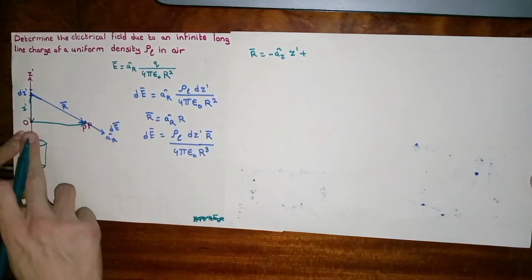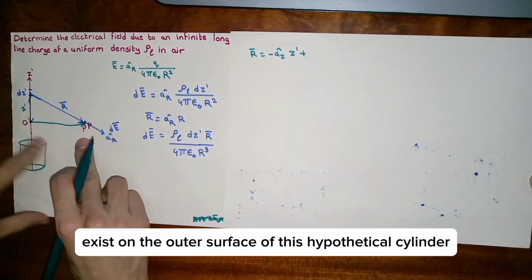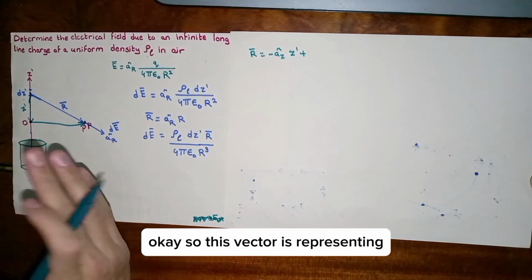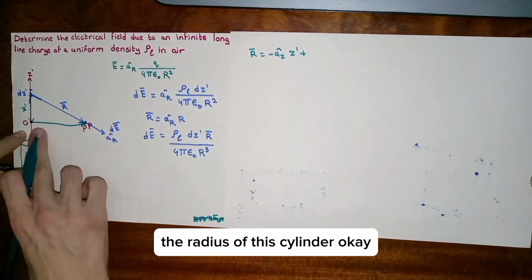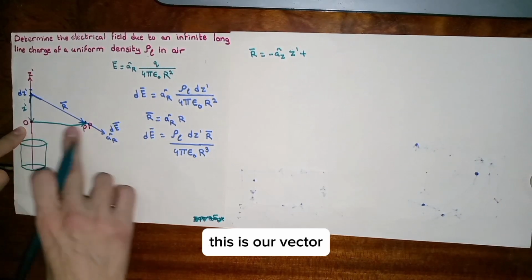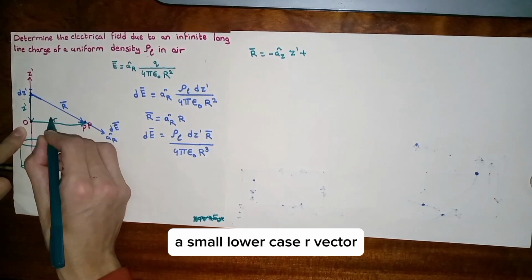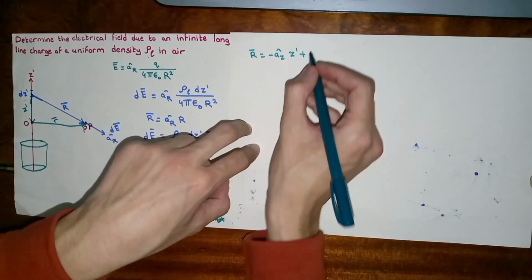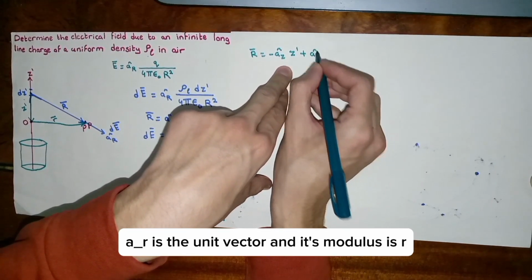As I aforementioned, assume that this point exists on the outer surface of this hypothetical cylinder, so this vector represents the radius of the cylinder. This is the small r vector, a sub r, which is the unit vector, and its modulus is r.